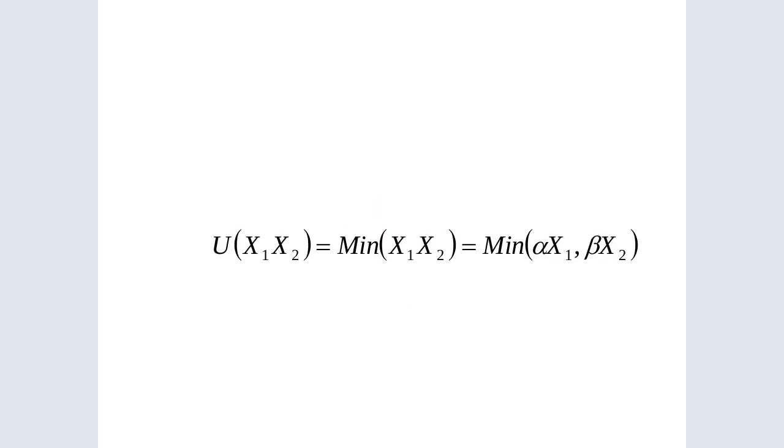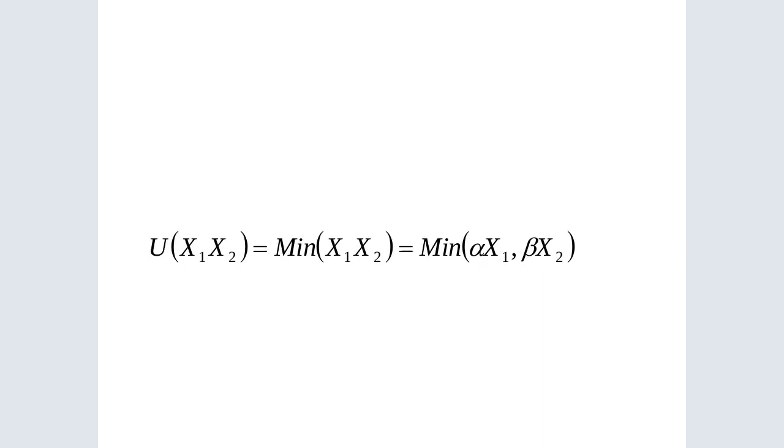So it is a minimization problem. So you take the minimum of good 1 and good 2. So the utility function is simply a minimization problem, which is illustrated by a function that you can see on the slide.